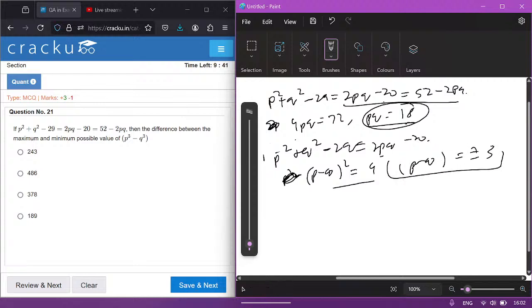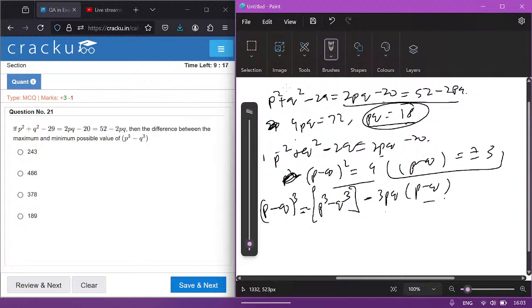Great. Now we have to find the difference between the maximum and minimum possible value of p cube minus q cube. There is a formula: p minus q whole cube is equal to p cube minus q cube minus 3pq into p minus q.